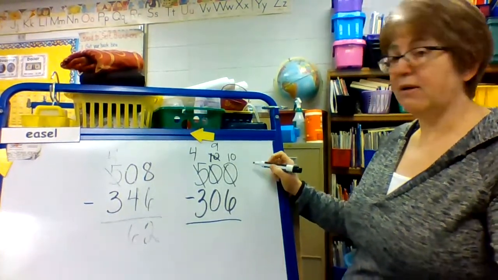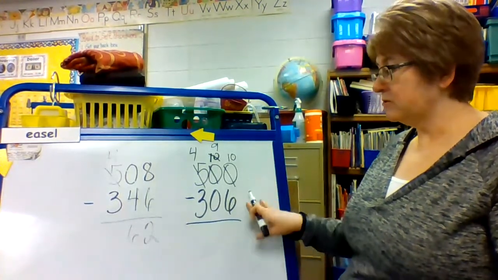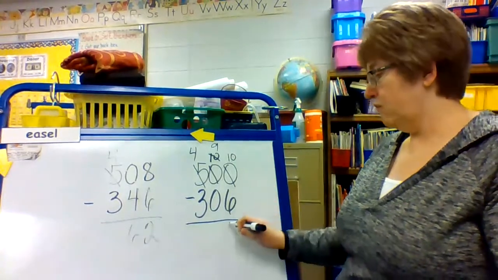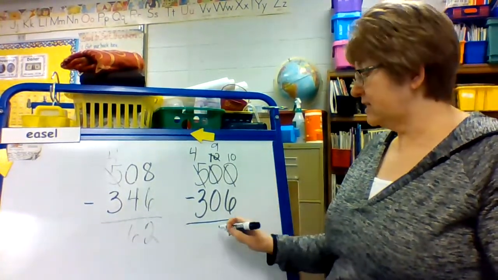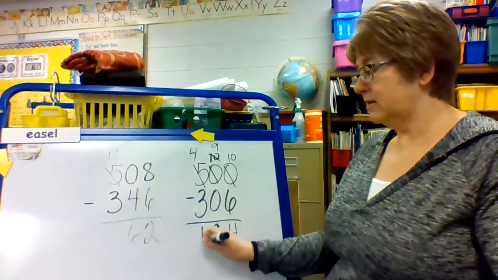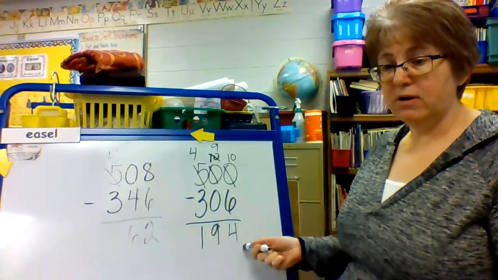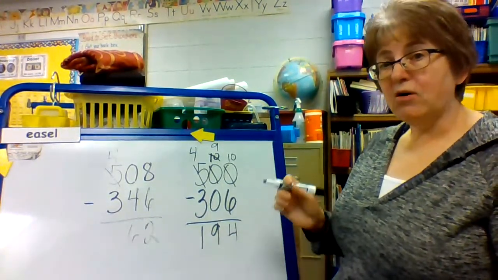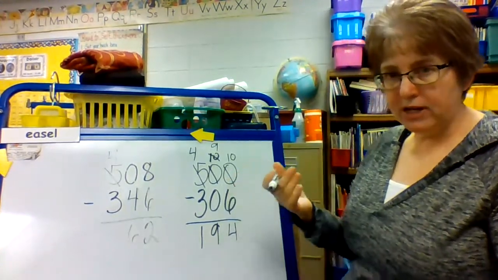Now I can subtract. 10 minus 6 gives me, what goes with 6 to make 10? 4. Okay, 9 minus 0 is 9, and 4 minus 3 is 1. So our answer is 194. So now let's look to see if we needed to do any ungrouping.